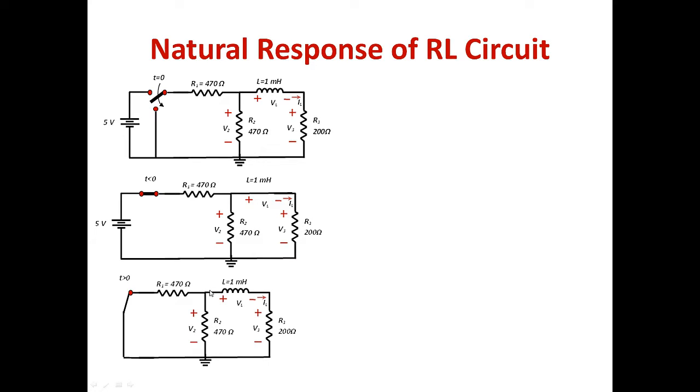So the idea is that before switching, we can calculate the current through the inductor IL, and this current at switching time has to be the same. Right before switching and right after switching, the inductor current is going to be the same.